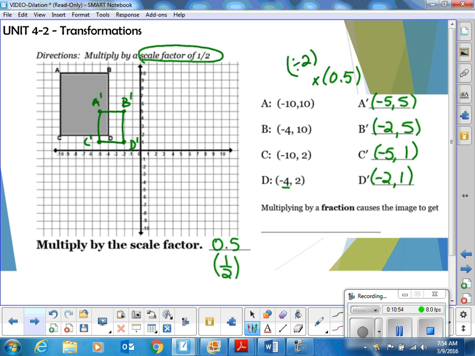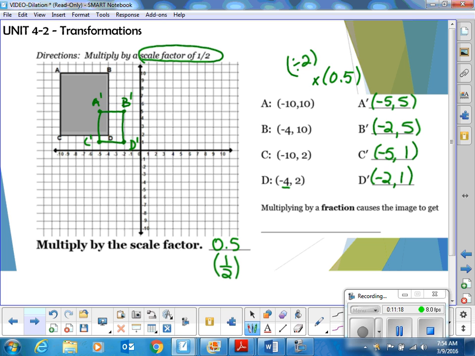And you can see from our original shape to our new one, how much smaller it is. It's shrunk. If I put that in there, it actually looks like it is a fourth of the size, but it's a little bit more than a fourth. Because remember, you're taking half of every single point, so it becomes actually a little bit more.